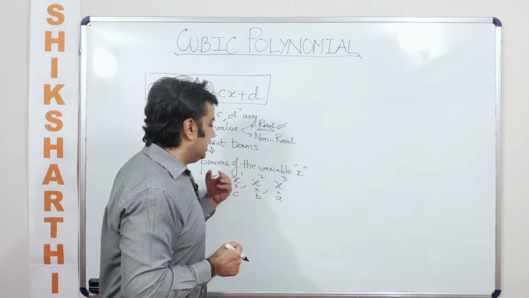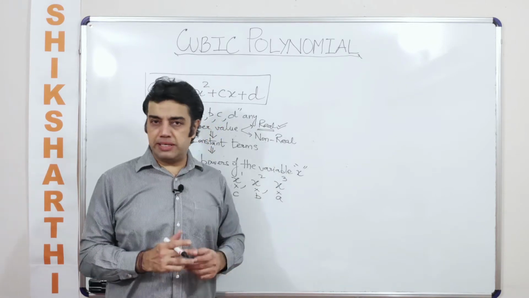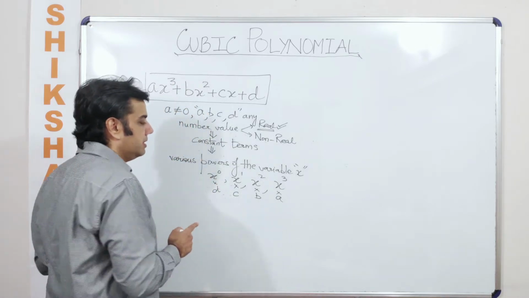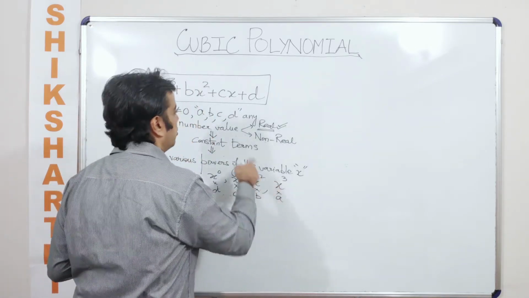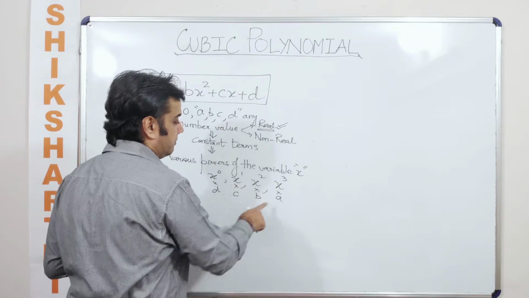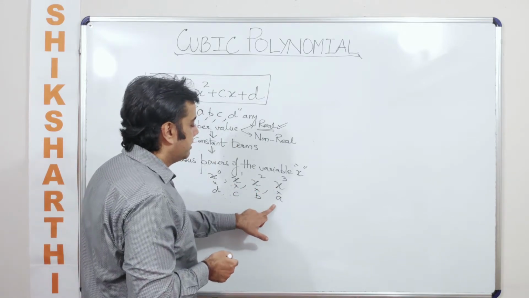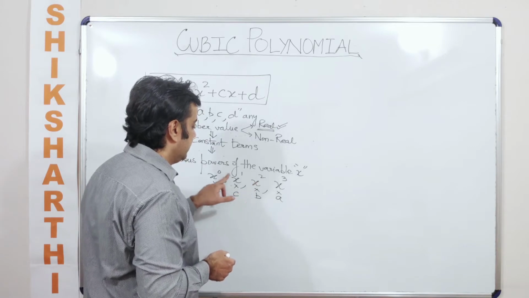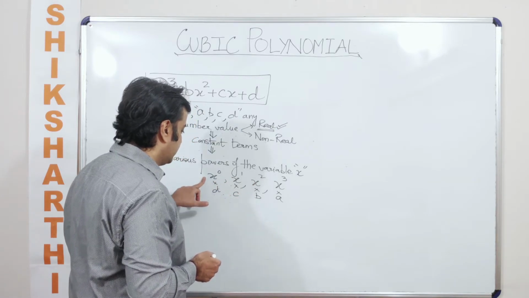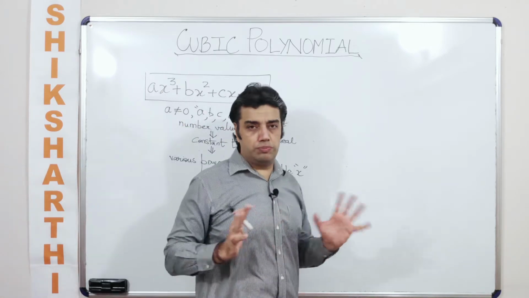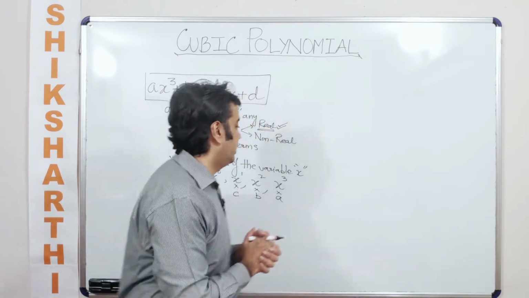But when we are using division as a mathematical operator, one has to remember that the variable should not be put in terms of a divided by x cube. You can always say x cube divided by a, x square divided by b, x divided by c, x to the power 0 divided by d. That is the point that I am trying to make, which I hope I have fairly made.